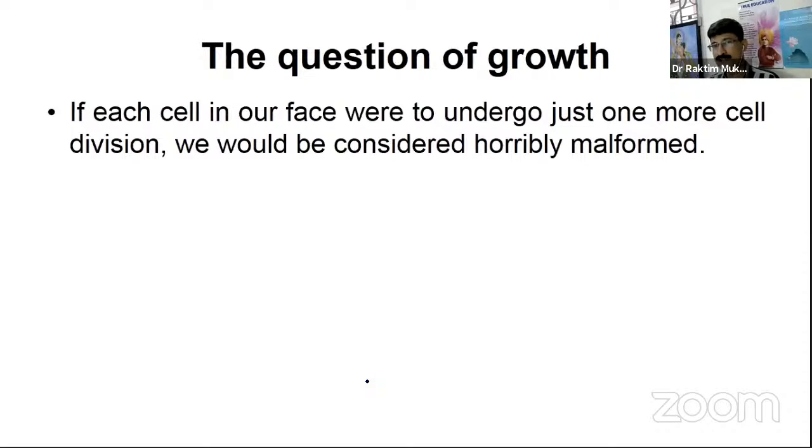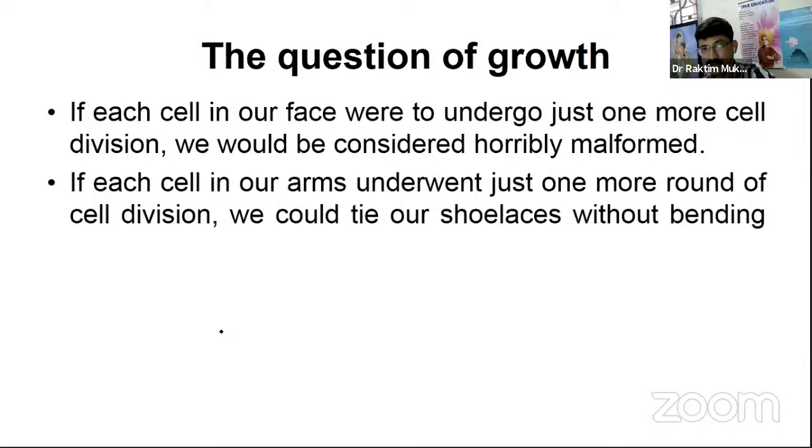In the very first lecture of immunology, I said that science goes beyond super science. There is something that controls the master control gene of this universe. One single extra cell division, our face would have been horrible. We would not have recognized ourselves in the mirror. So there comes the question of growth. How precisely growth is controlled.